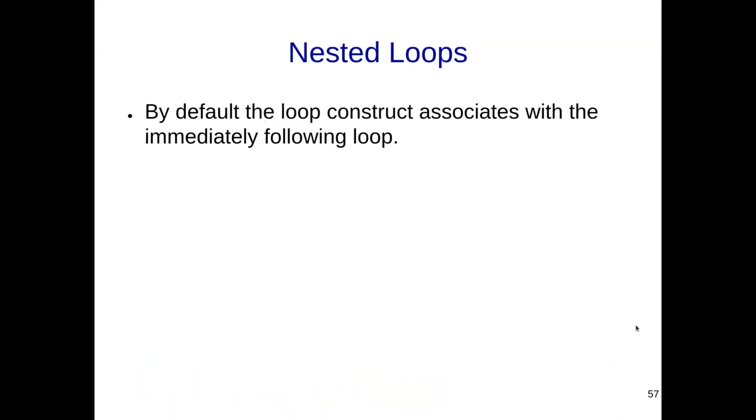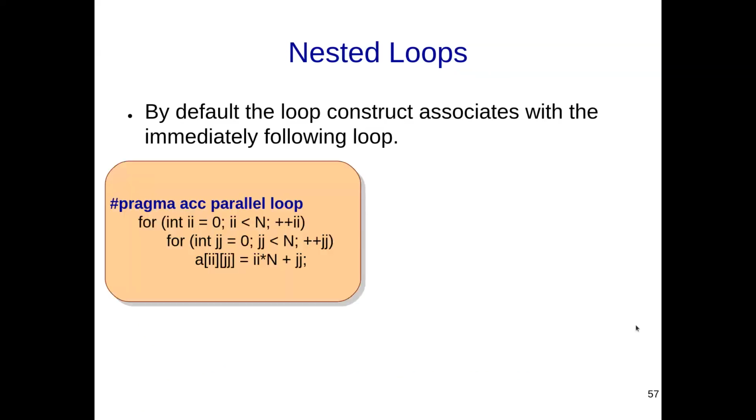All right, so by default, when you have nested loops, it could be 2 loops, 3 loops, doesn't matter. If you specify #pragma acc parallel loop outside, the compiler is going to apply that parallelism only to the outermost loop, I mean, only to the loop which is just following that particular pragma, which seems reasonable, right?